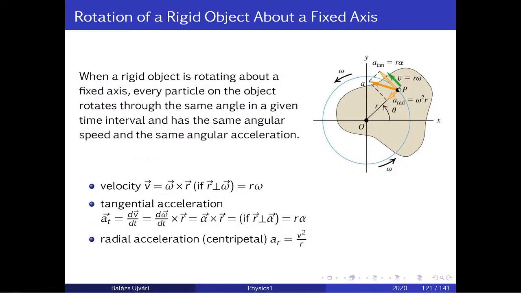If I want to know the normal velocity, not the angular velocity, of this point P, the velocity by definition is omega cross r. But since omega is perpendicular to this plane and points to you, and r, the position vector, is inside the plane, these are perpendicular, so we do not have to worry about the cross product. It's only r times omega.